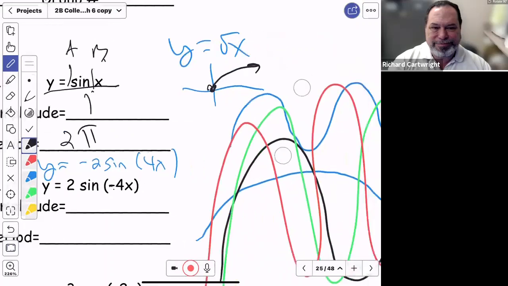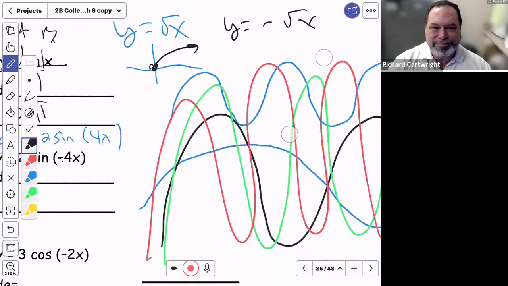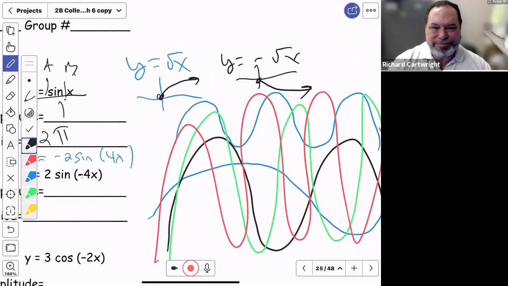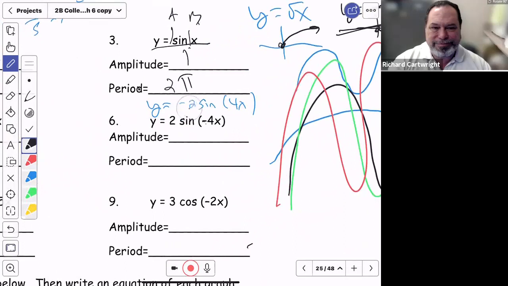If you graph y equals the opposite of the square root of x, that looks like that. It flips it over the x-axis. That's what multiplying a function by a negative does. It flips it. It's reflected over the x-axis. So I know that's going to cause a problem when I graph it, but let me just do the amplitude.